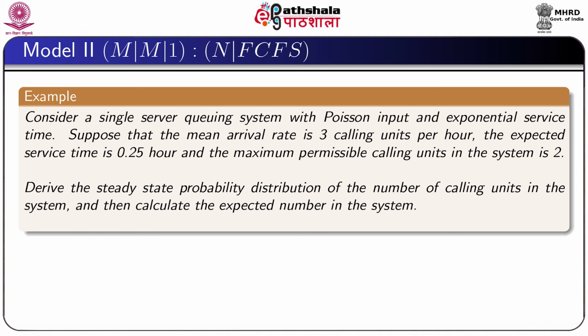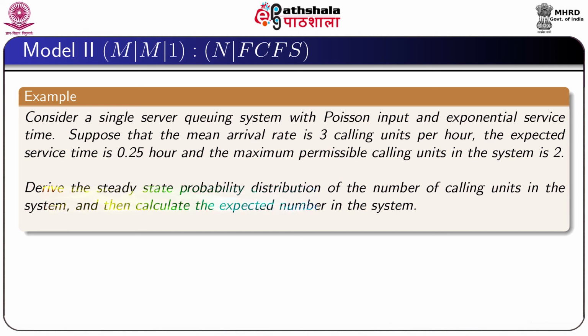Now, we will take an example. Consider a single server queuing system with Poisson input and exponential service time. Suppose that the mean arrival rate is 3 calling units per hour, the expected service time is 0.25 hour and the maximum permissible calling units in the system is 2.